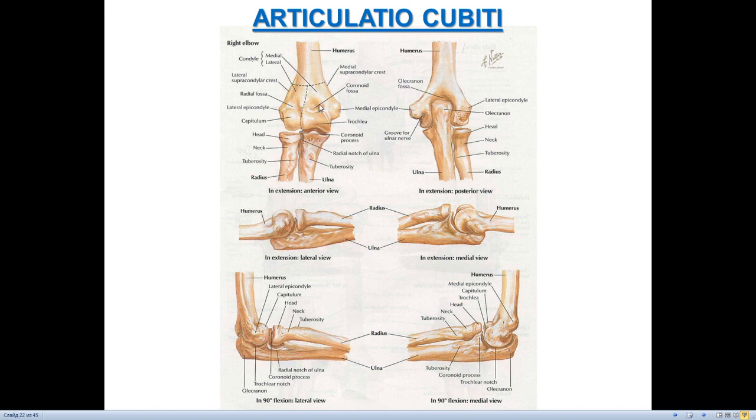The joint capsule participates in formation of three ligaments: collaterale radiale, collaterale ulnare, and the last one, annular radii.